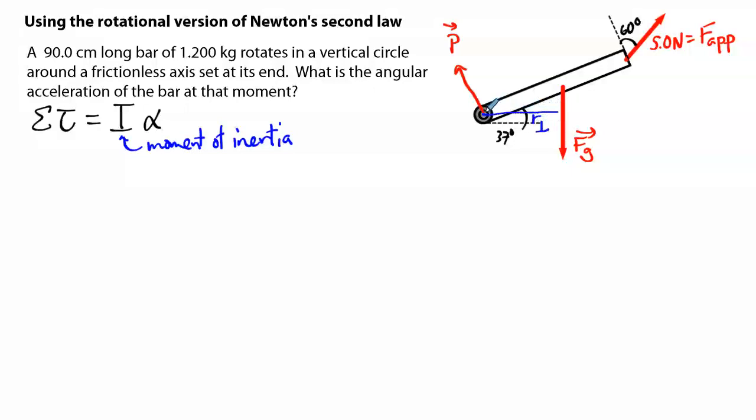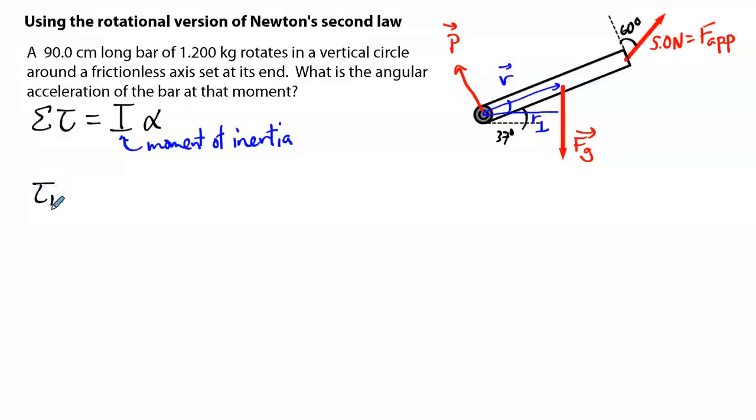And since we know that the R vector is in here, and its length corresponds to the length of the bar divided by 2, and the angle in here is 37 degrees, then we can see that R perpendicular will simply be equal to R times the cosine of 37 degrees.